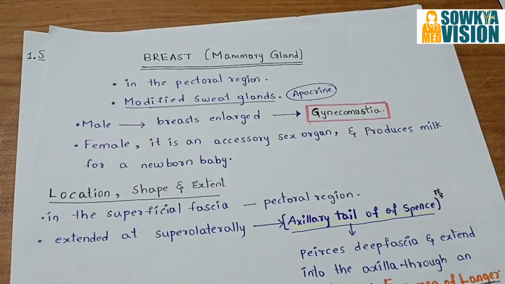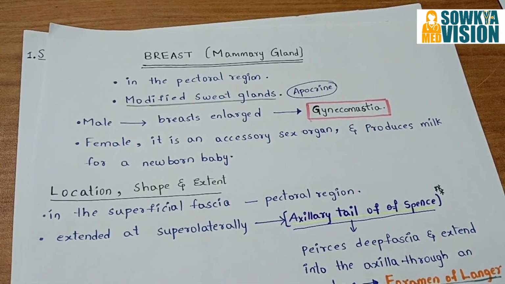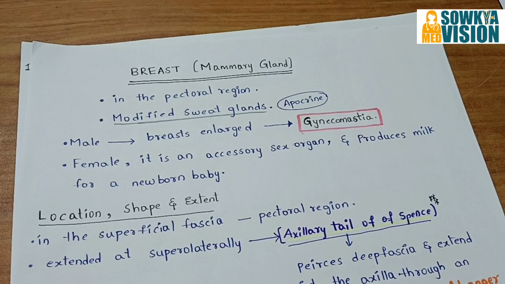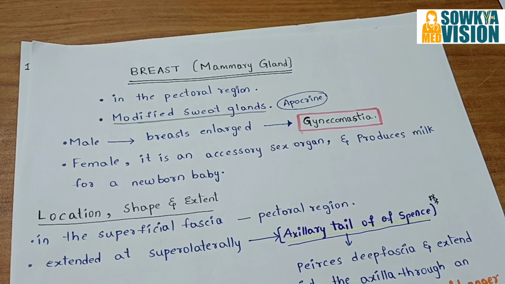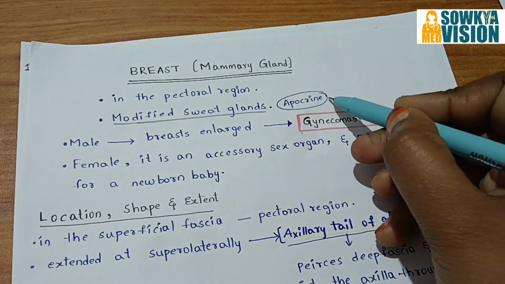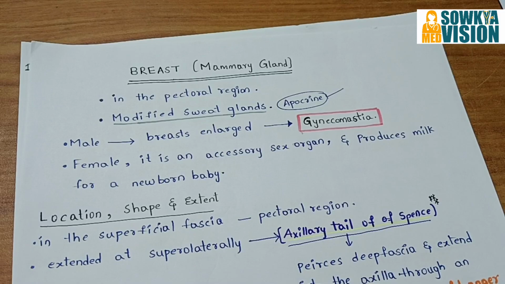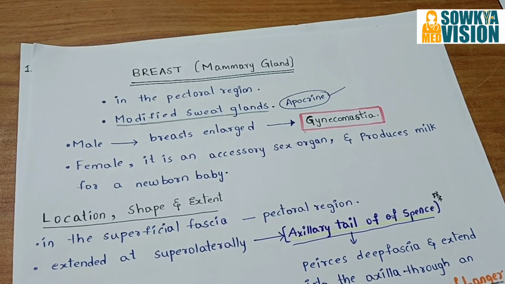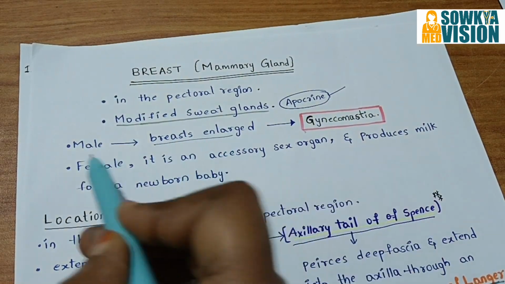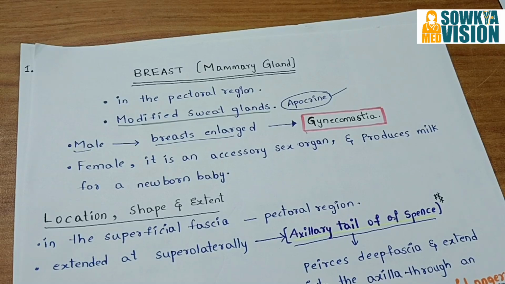Let's see the morphology of the breast. The breast is also known as the mammary gland. It is presented superficially in the pectoral region. It is a modified apocrine sweat gland. It is present in both male and female, but it is very profound in females.